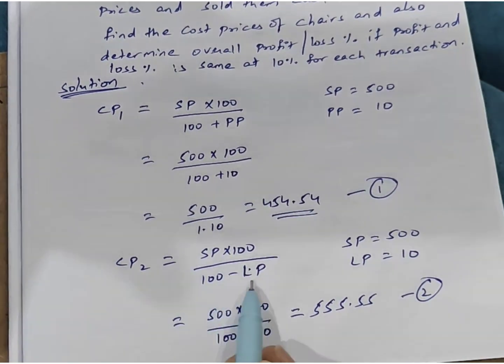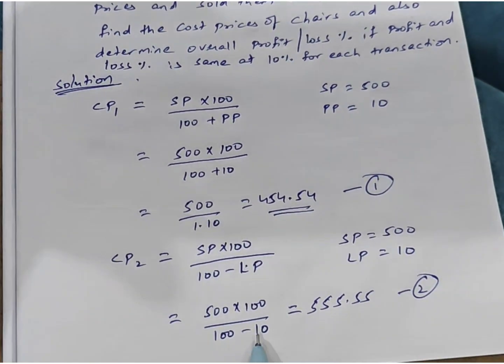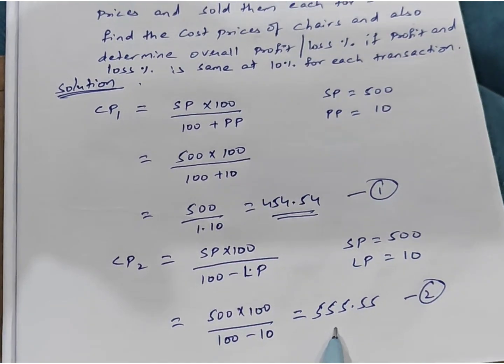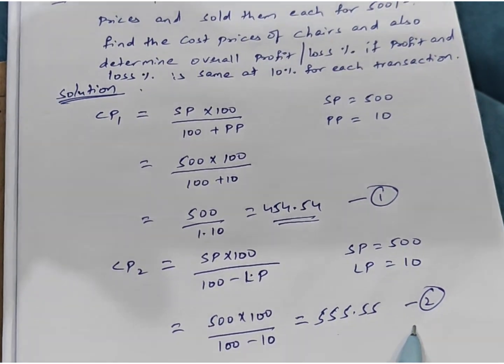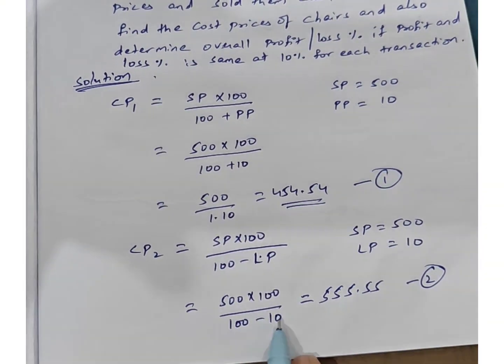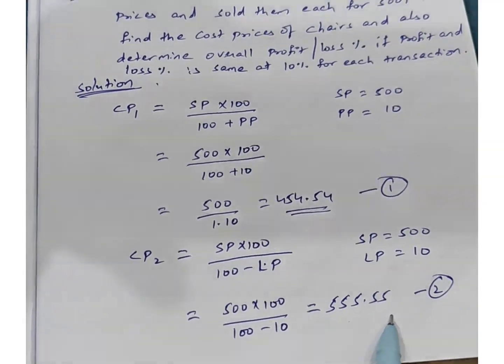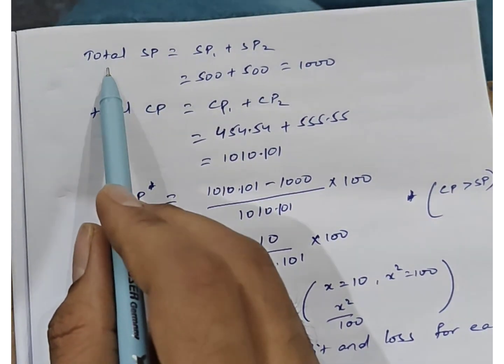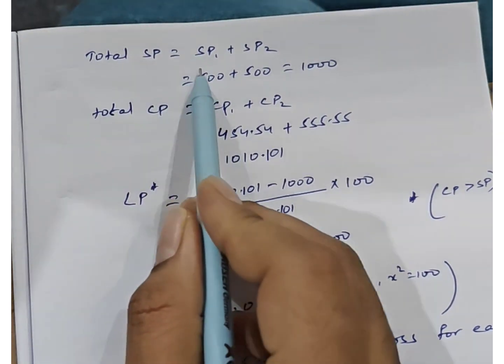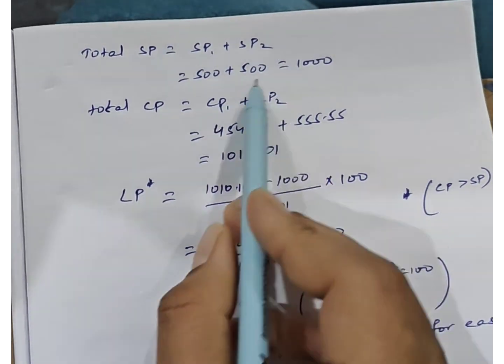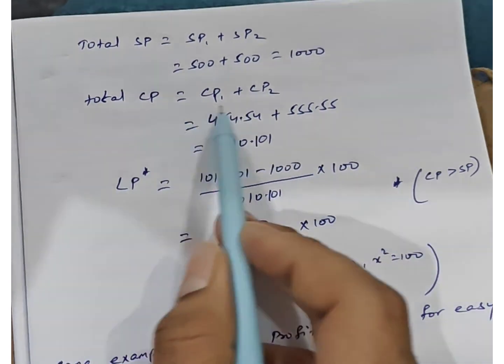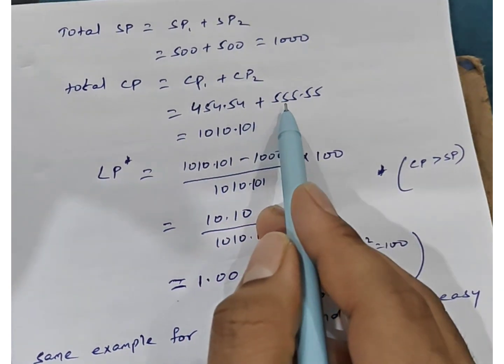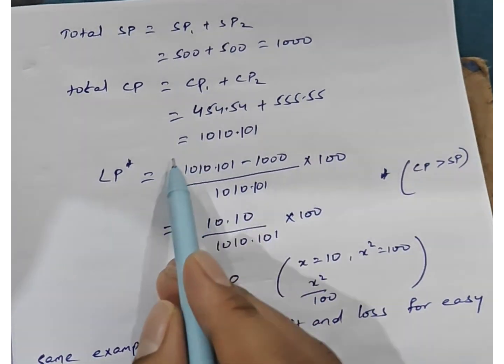And for cost price 2, SP is equal to 500 and the loss percentage is equal to 10. Here we get cost price 2 as 555.55 rupees. Now the total selling price SP1 plus SP2 is 1000 rupees, and the total cost price is equal to 454.54 plus 555.55.